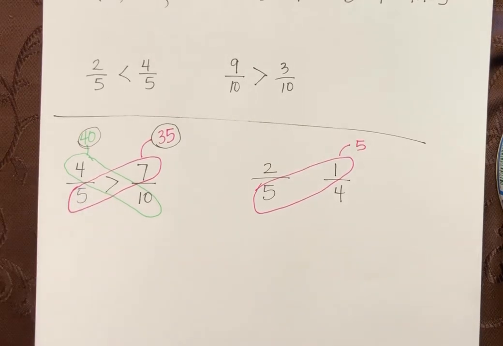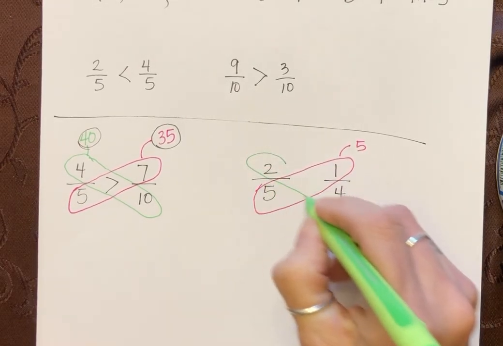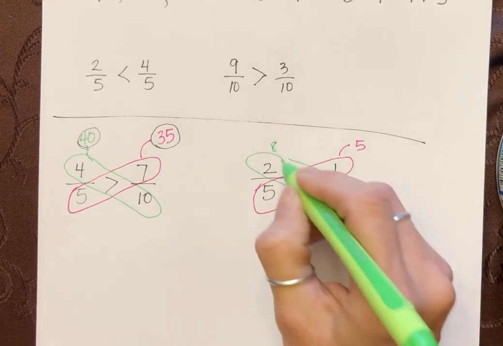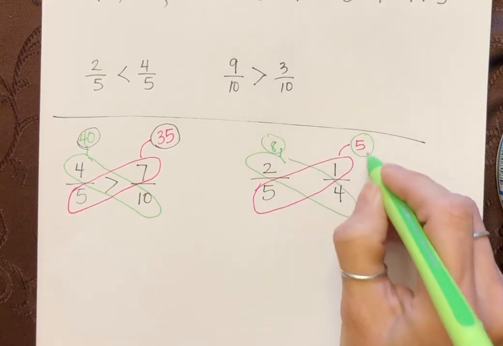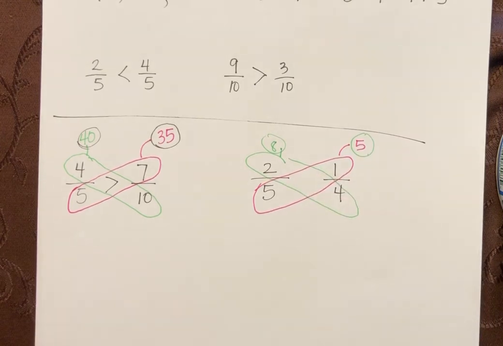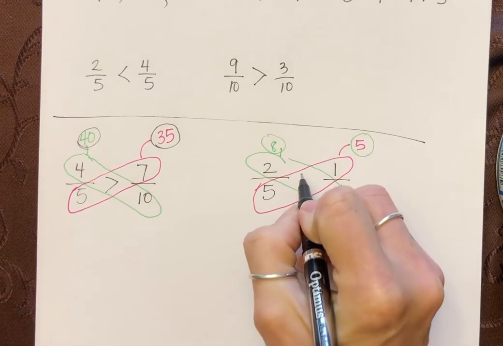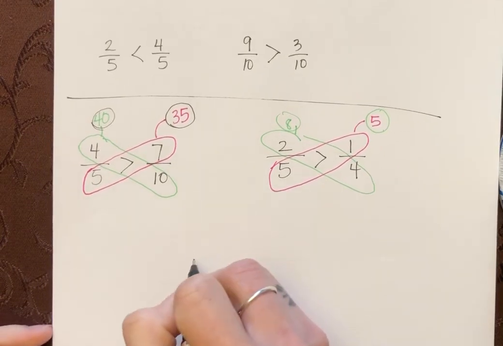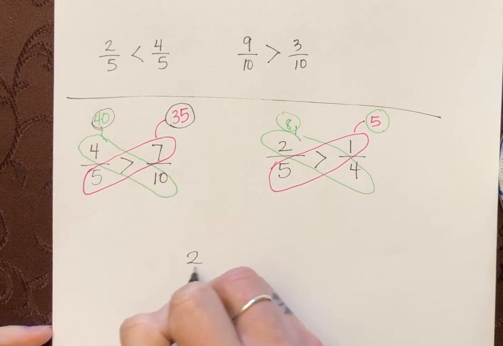And then I have 2 times 4, and that's 8. Oops. So I have 5 and 8. So this tells me that 2/5 is greater than 1/4.